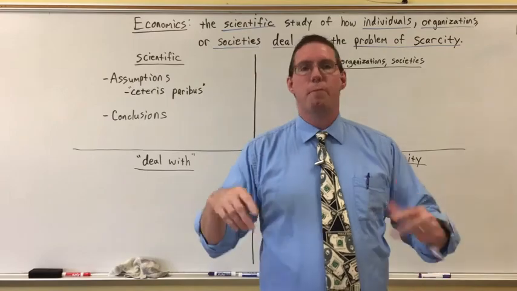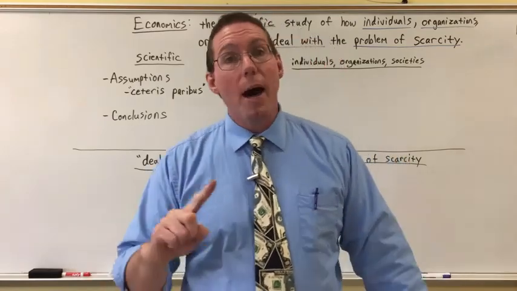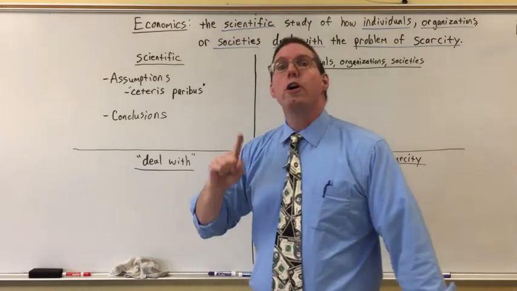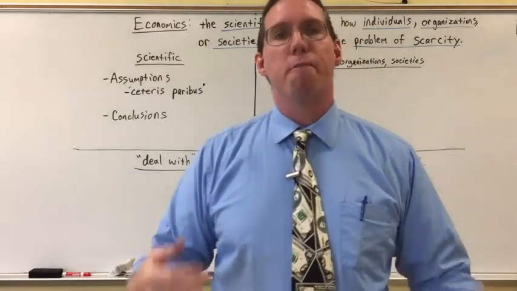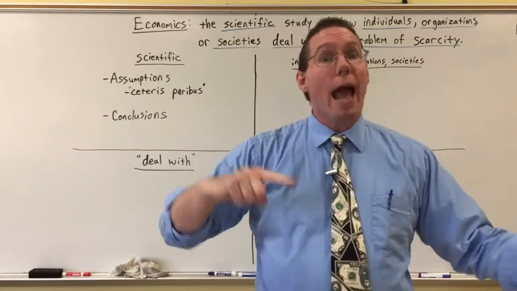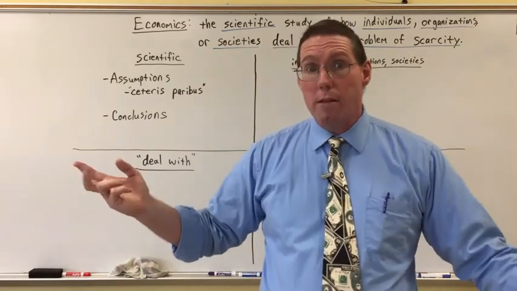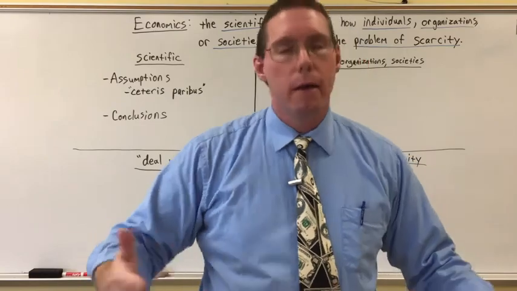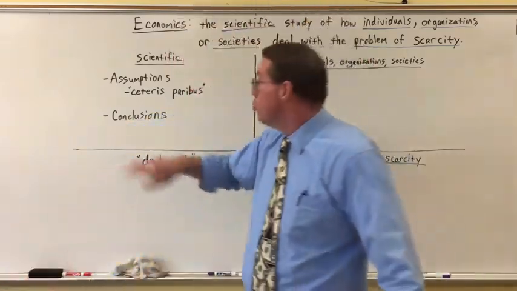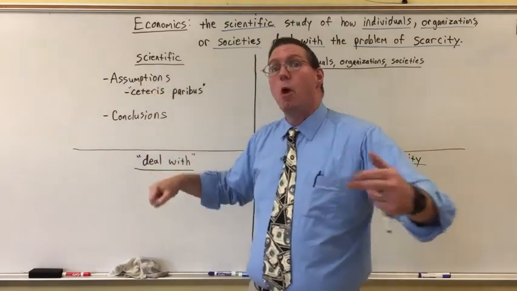Sometimes things are so cheap that people don't want them at all. But I'm using the ceteris paribus assumption. We're going to assume that it's the kind of product that everybody wants. And so now, if it's a product that everybody wants and the price goes down, people are going to buy more of it because they do want it. We're going to assume that it is something that people want.